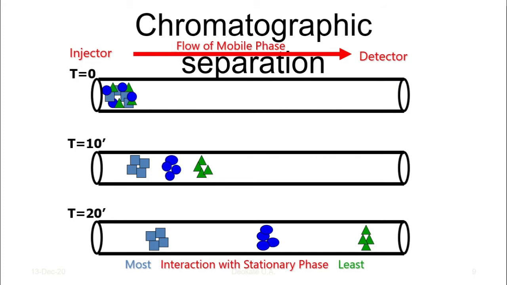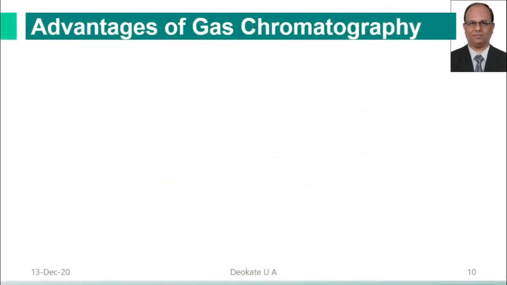As we continue the separation, the first component, which has the least affinity toward the stationary phase, will come out through the column, and the component which has more affinity toward the stationary phase will be retained in the column. In that way, we can elute various components by using gas chromatography.